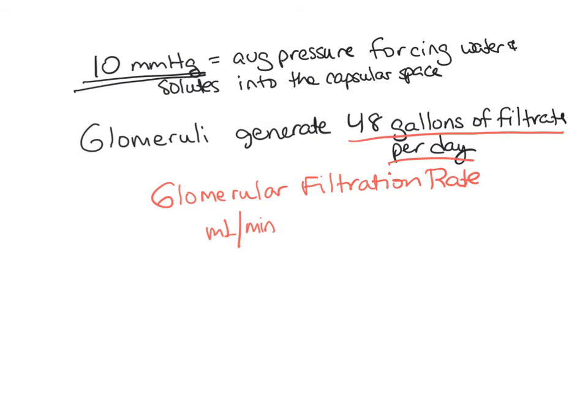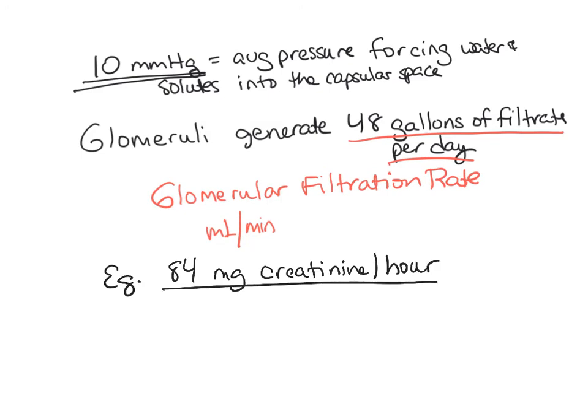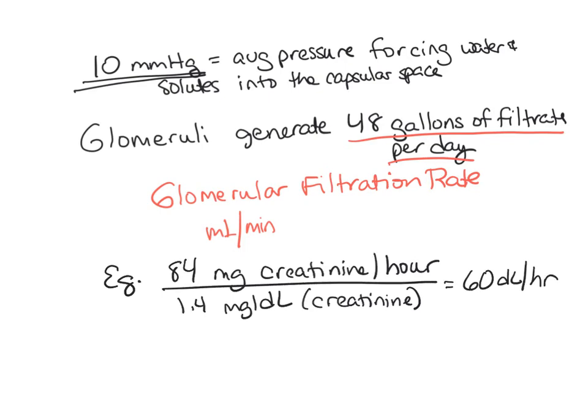For example, if you have a person who eliminates 84 milligrams of creatinine per hour, and that person has a plasma concentration of 1.4 milligrams per deciliter of creatinine, then that will give you how many deciliters per hour of creatinine is being cleared by the kidneys.